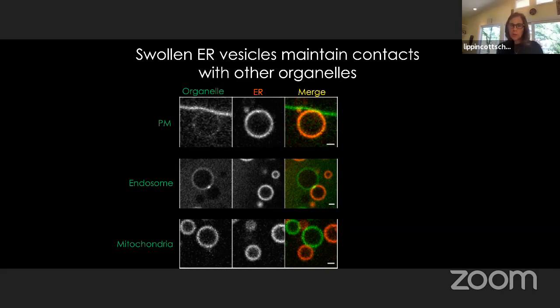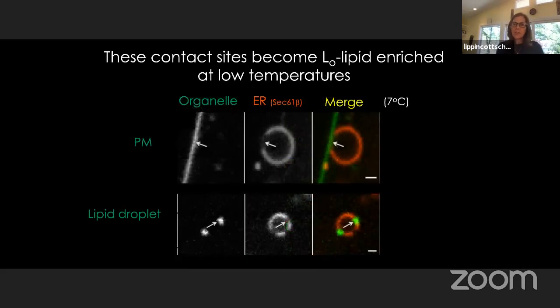Now, what's super interesting is that the contacts that the ER is making with organelles like plasma membrane here or lipid droplet here are sites where the membrane tends to be more liquid ordered like. And we know that because Sec61, as you can see here, is depleted from this contact region with the plasma membrane. Likewise, it's depleted from the contact region with the lipid droplet.